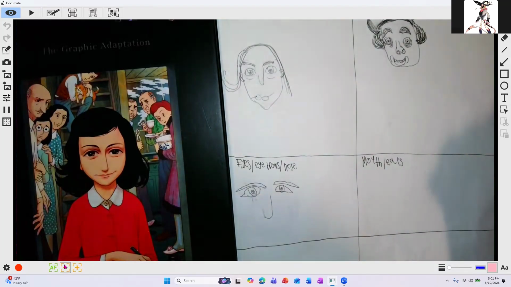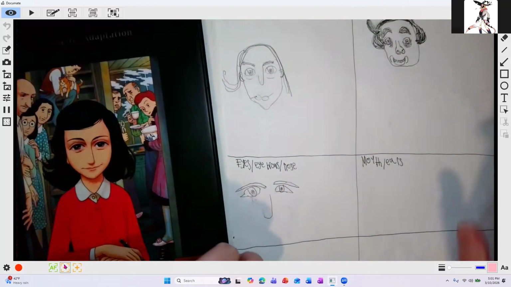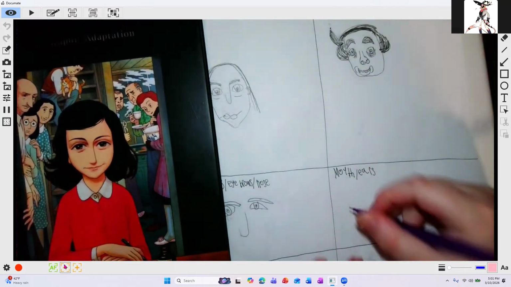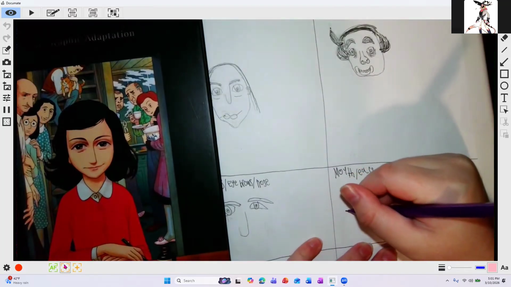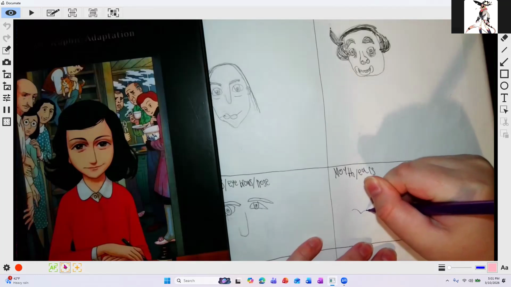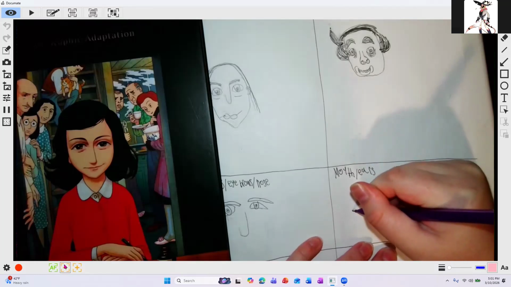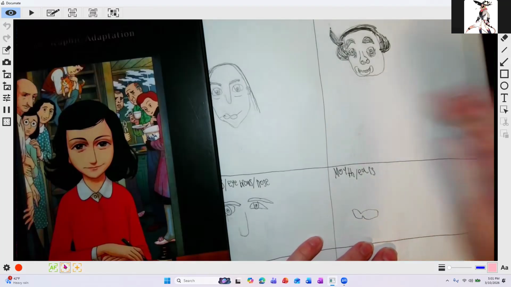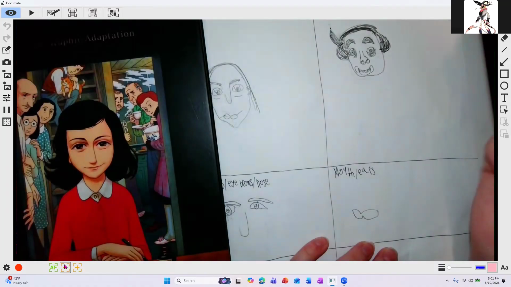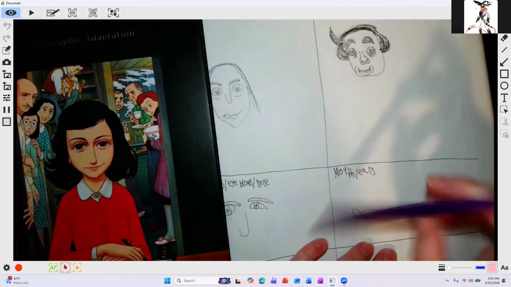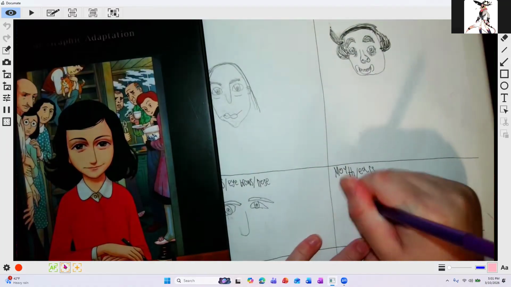So again, not the best mouth, but make fun of it. Mouth and then the ears. There we got. I'm just gonna do some normal lip structure. Very bad. But we're gonna go with it. Actually, I'll try it one more time.